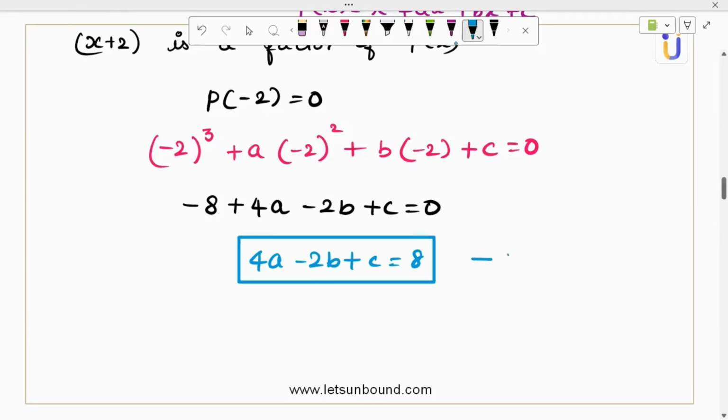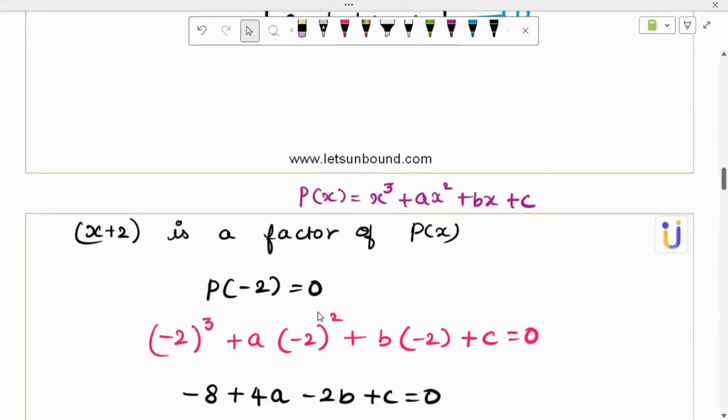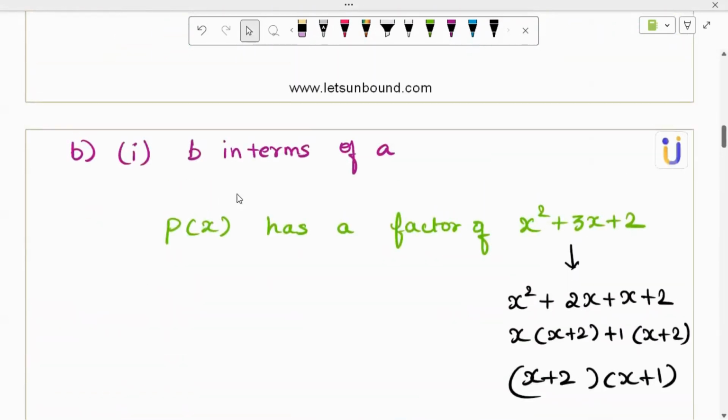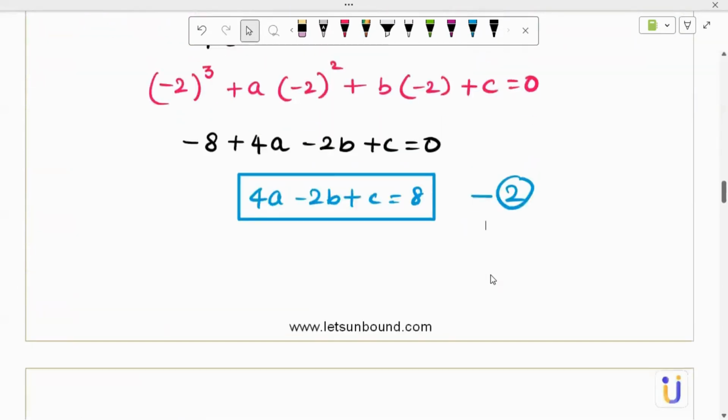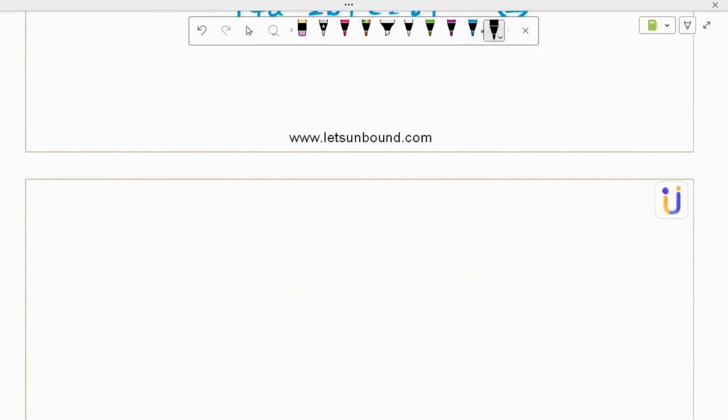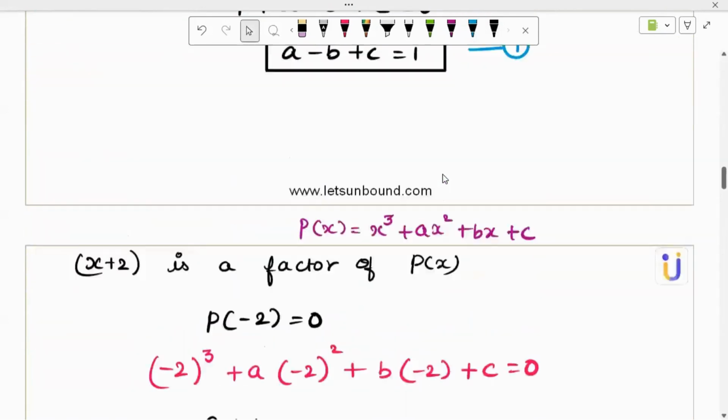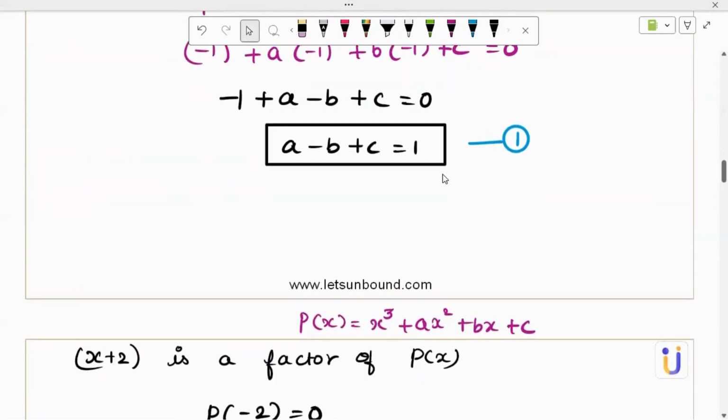Okay, we have 3 unknowns here. And what is our aim? We have to express b in terms of a. Let's take the first equation. From equation 1, let me rewrite c, because c is the thing which we don't want. So c is equal to 1 minus a plus b.